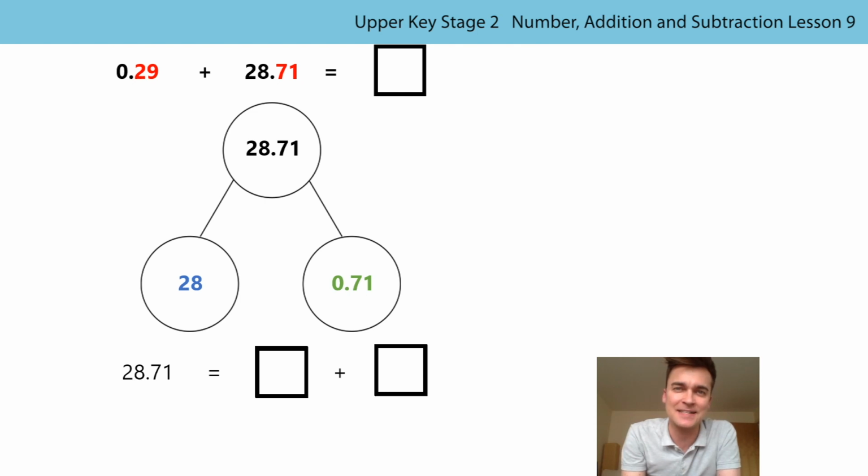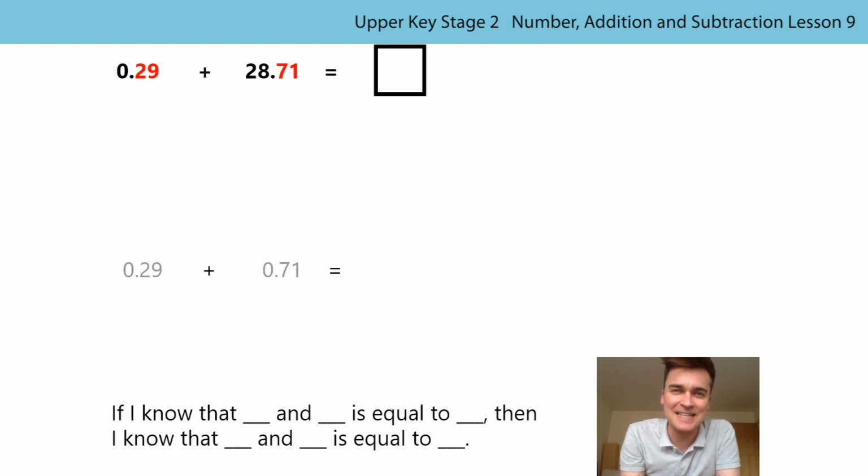Can you fill in the blanks in this addition equation for me? Ready? 28.71 is equal to... Brilliant.